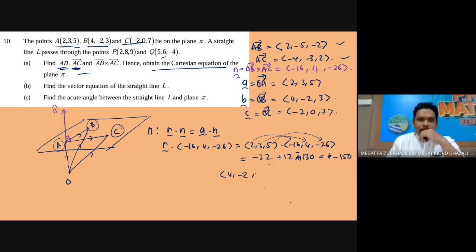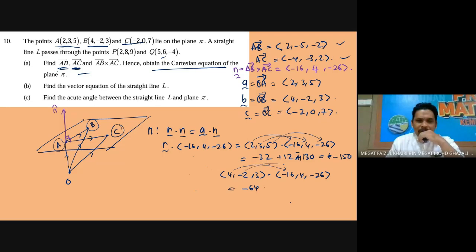Okay, let's try with point B, 4, negative 2, 3, dot with the normal, negative 16, 4, negative 26. 4 times negative 16, negative 64.